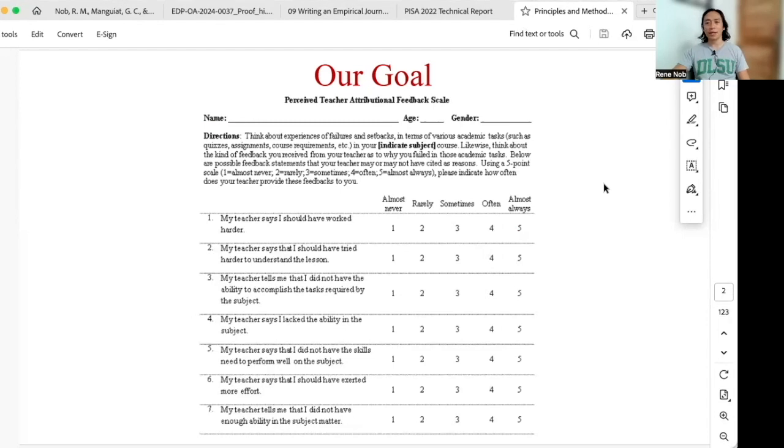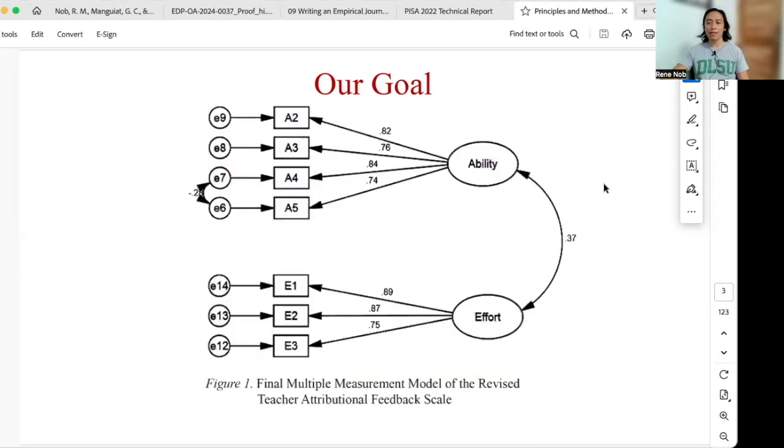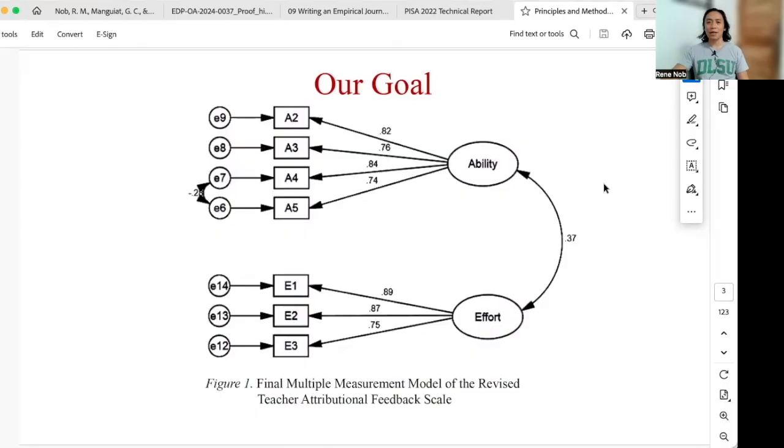So theoretically, students receive feedback from their teachers, and the feedback might contain messages with regard to how teachers attribute their successes or failures. And the scale suggests that there are two general attributions.